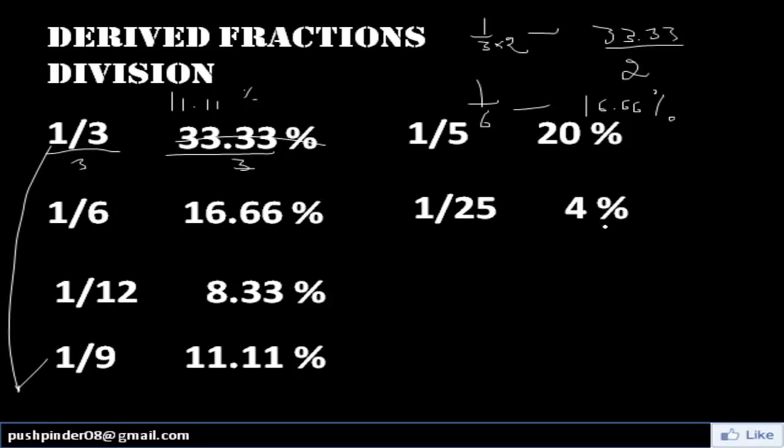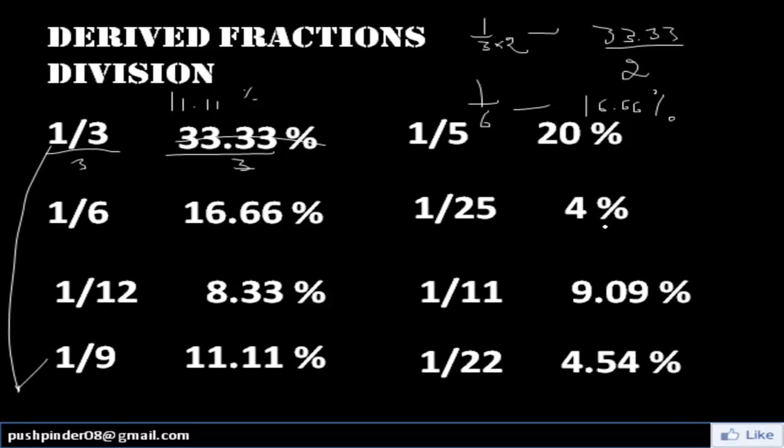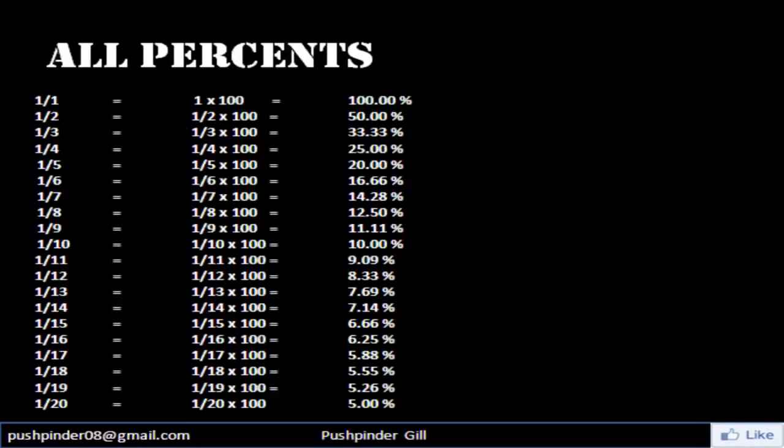This is really important, guys. You need to understand this. 1 by 11 is 9.09%, and 1 by 22 is 4.54%. So see, you can easily calculate and derive these fractions all in all, so you don't need to worry about huge calculations coming in your way. So I would recommend you to pause the video and just jot it down.